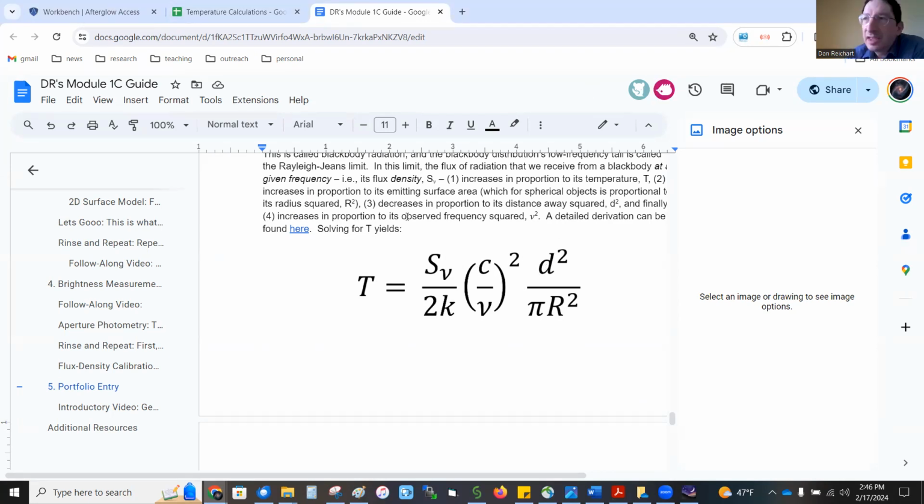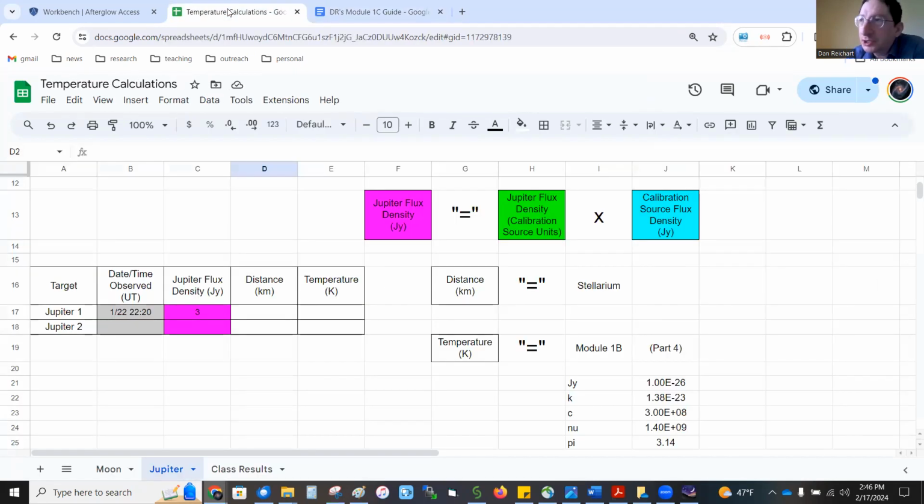Okay, so let's go to our temperature calculation spreadsheet. Here I have the date and time of my observation from above on the spreadsheet. Here I have my measurement of the brightness of Jupiter in Janskys. Now, for this video, I just put in the number 3. You'll make your own measurement. It's something like that.